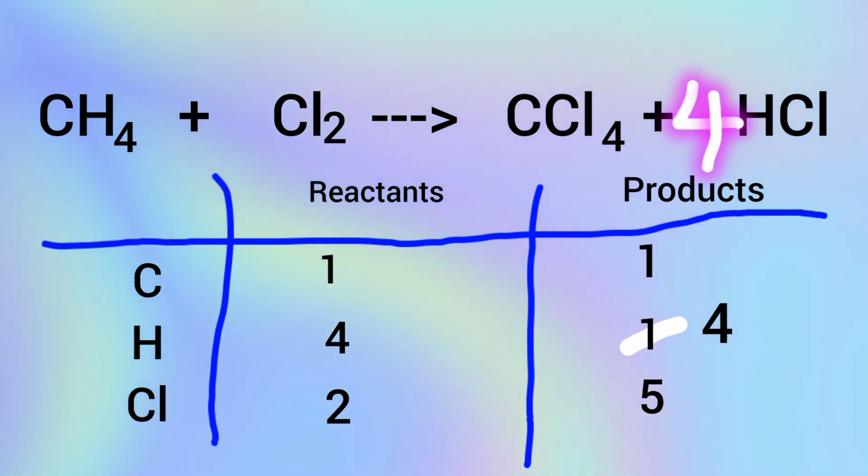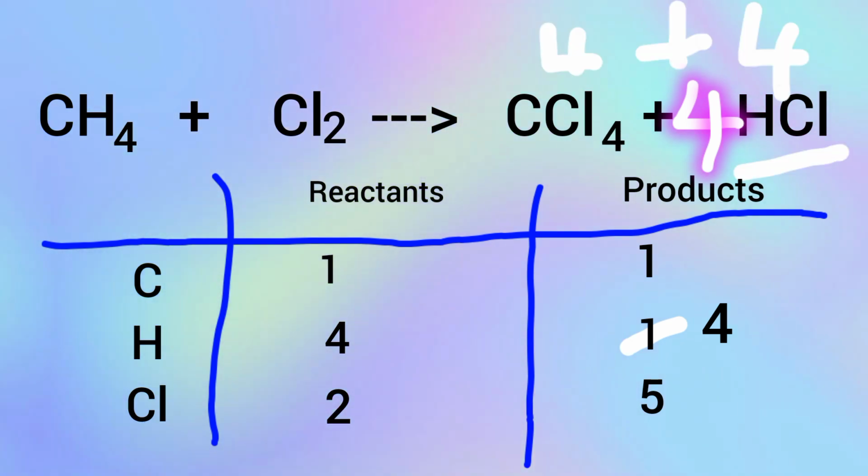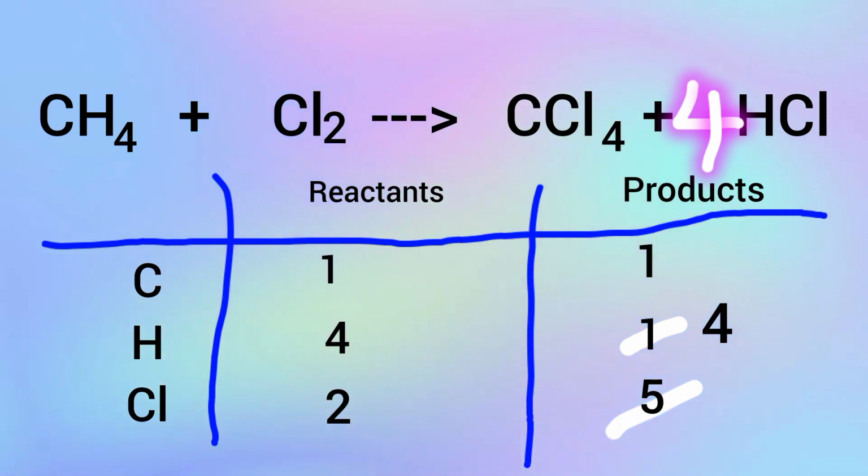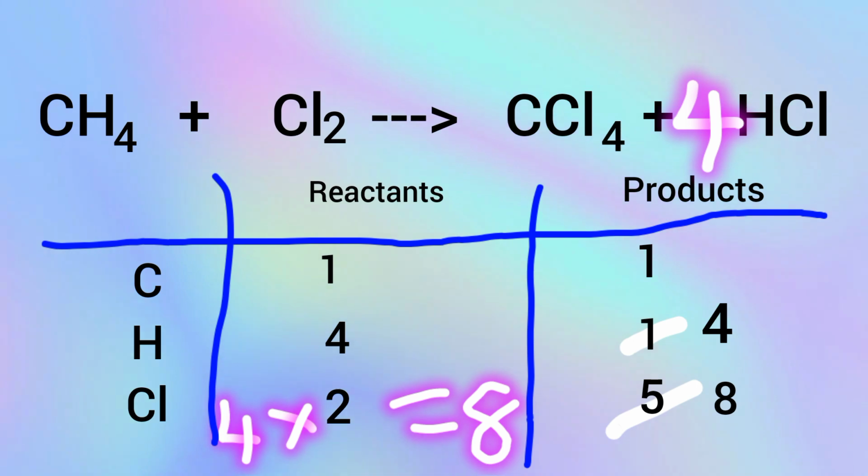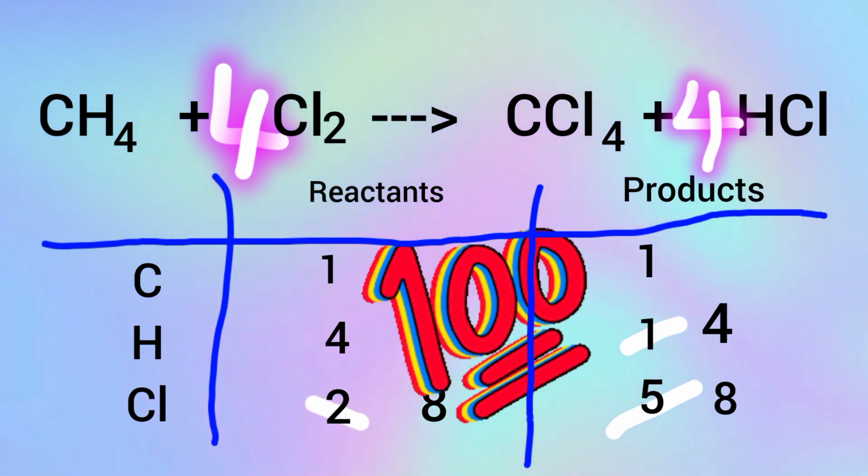So chlorine here on the product side initially was 4, now it has become 8 plus this extra 4. So we update our table, we cancel out the 4 and write the 8. Now how do we make this up to 8 also? We multiply the 2 by 4 to make it 8. So we add the 4 to the initial chlorine, and our equation is finally balanced.